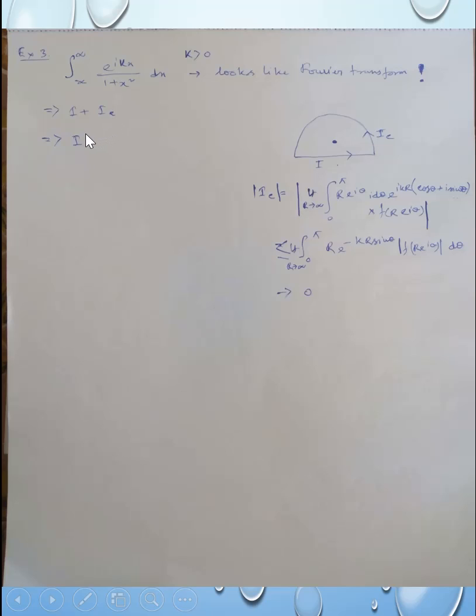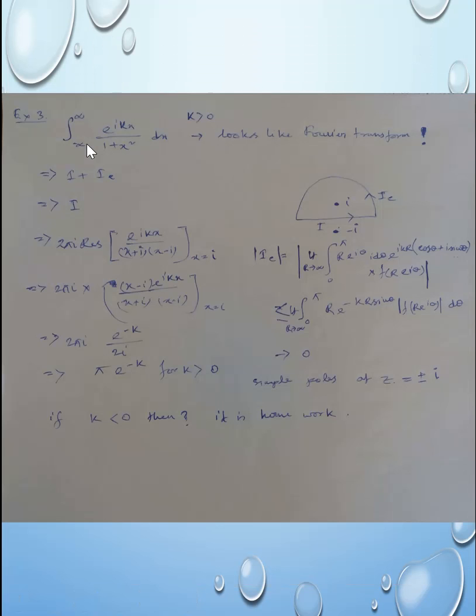Now you are left with only I. Naturally I have to find the poles. There are only two poles, one is plus i and another is minus i. Now you will find whether the poles are inside or outside.